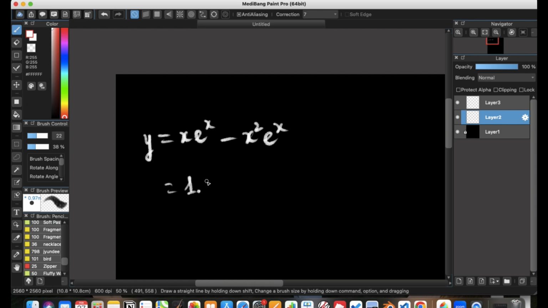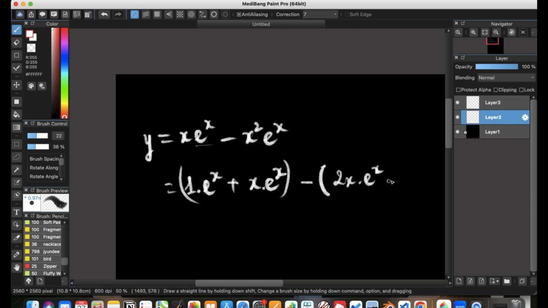This one's going to be 1 multiplied with e to the power of x, plus x times the derivative of this, which will still be e to the power of x. Now we're going to minus the derivative of this one, which would be 2x e to the power of x plus e to the power of x.